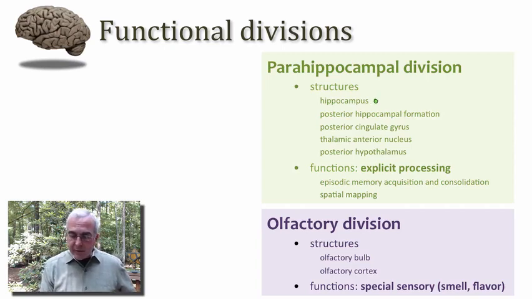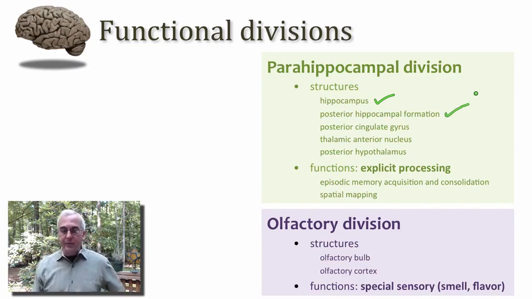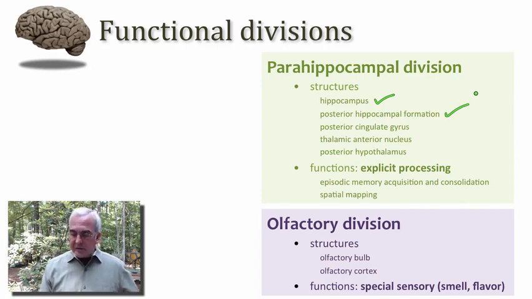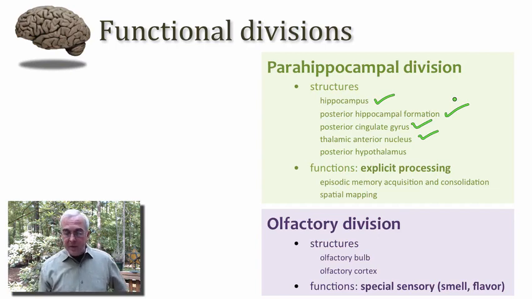It involves the hippocampus, related regions in the parahippocampal gyrus that we might call the hippocampal formation. There are connections that run through the anterior nucleus of the thalamus via the fornix and a secondary relay that then impact the posterior portion of the cingulate gyrus. There are also important connections, of course, that run through the posterior parts of the hypothalamus, including the mammillary body. So many of the elements of Papez circuit actually pertain to this parahippocampal division.